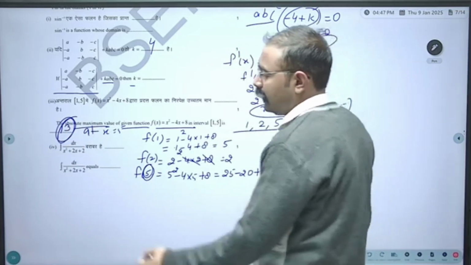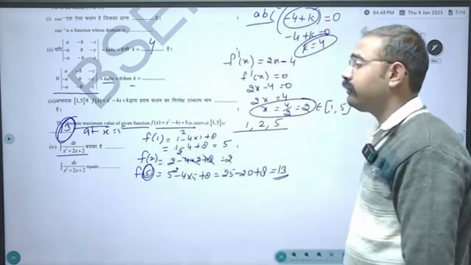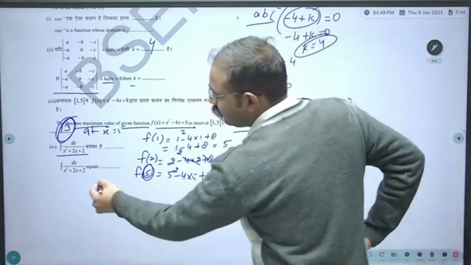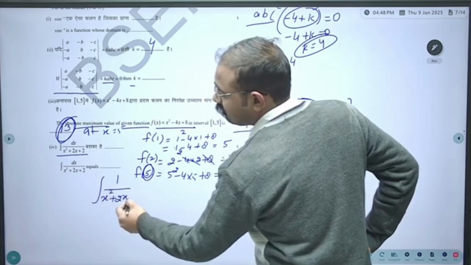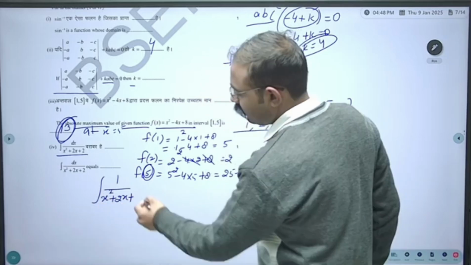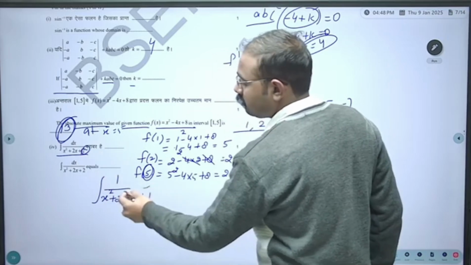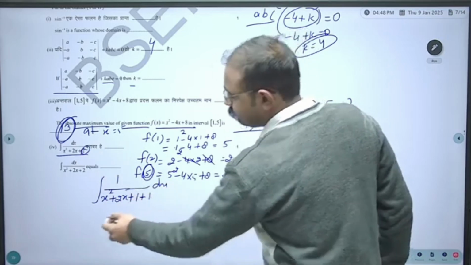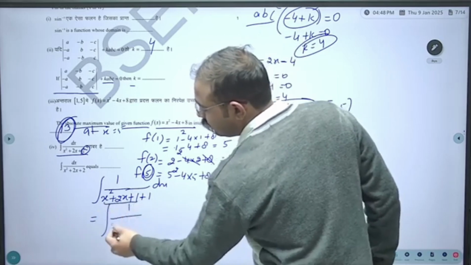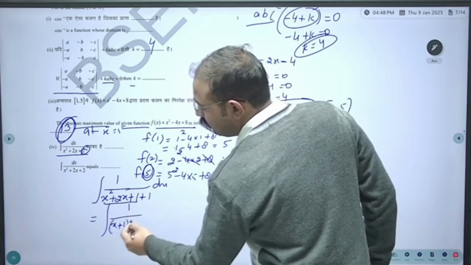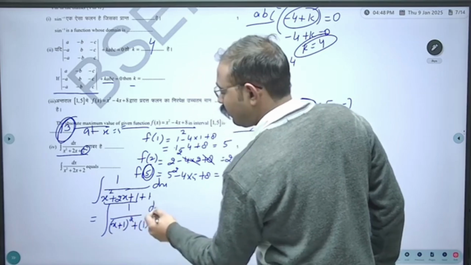Next is integration of 1 upon x square plus 2x plus 2. So I can write this function as 1 upon x square plus 2x plus, this 2 I am writing 1 plus 1, dx. 1 upon x square plus 2x plus 1 is the whole square of x plus 1, and 1 I can write as 1 square.